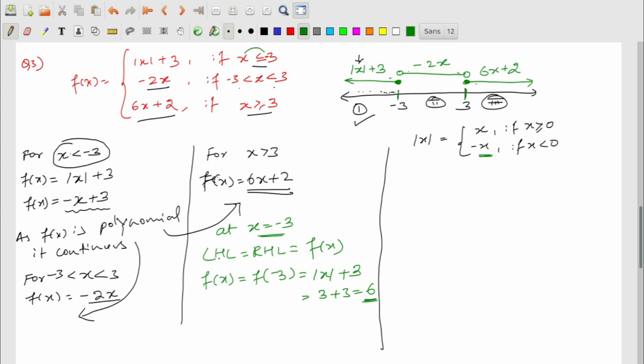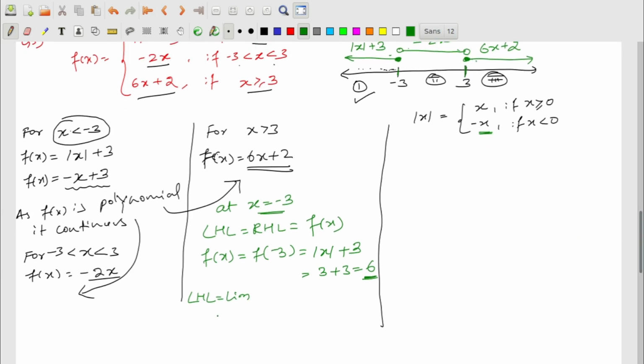Now let me find the LHL, that is the left hand limit, limit x tends to minus 3 minus. We are approaching it from the left hand side, so you need to take a negative sign here. For left hand limit, take a negative sign.